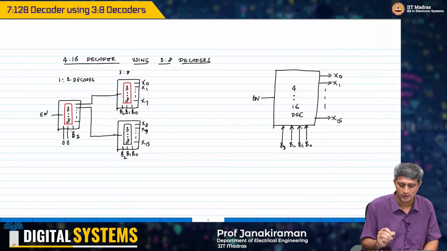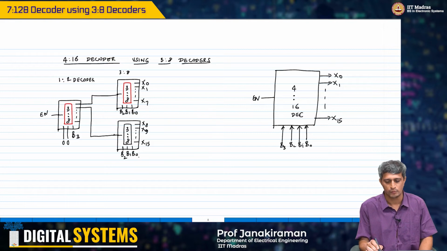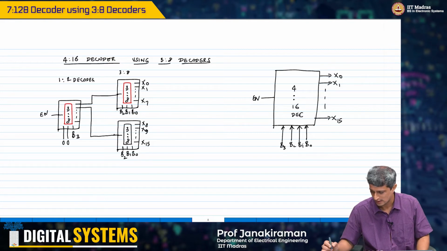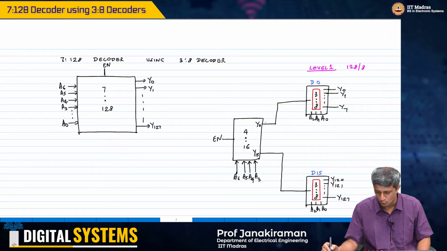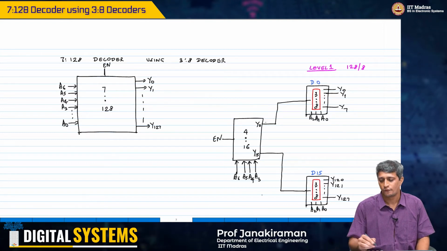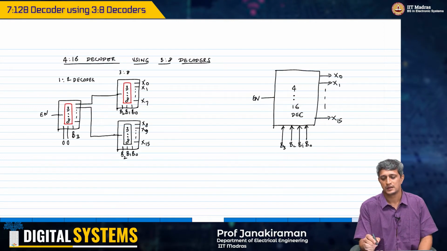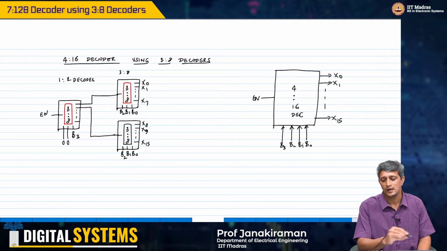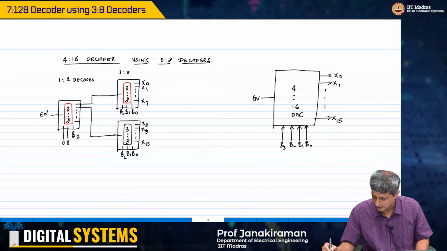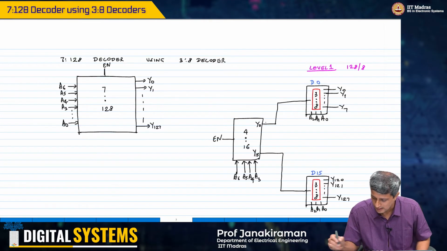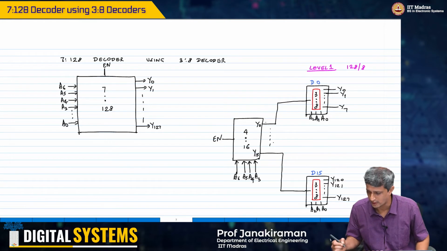So B3 is connected here, B2, B1, B0, and then I am going to connect it to that. So all I need to do now is to replace this 4:16 block using this hierarchical design that I basically got here, right. So effectively, this is all dot dot dot, by the way, okay.